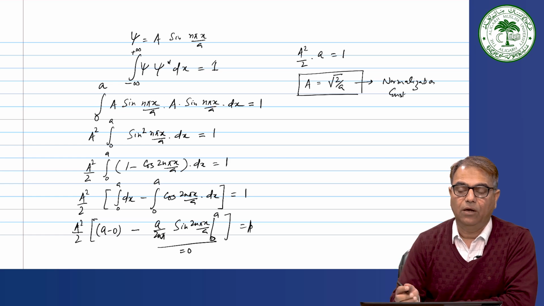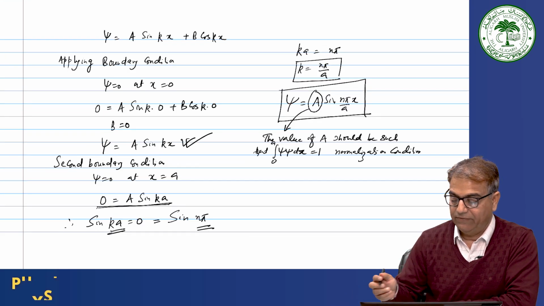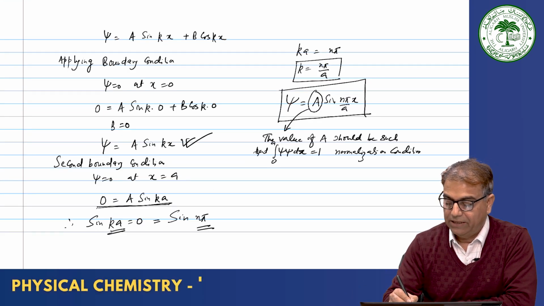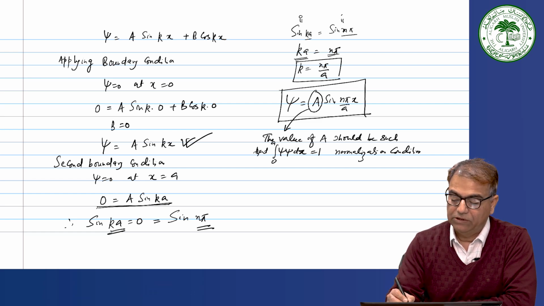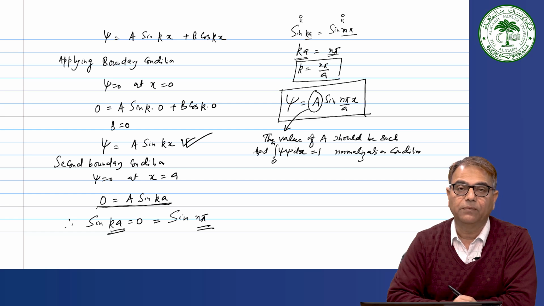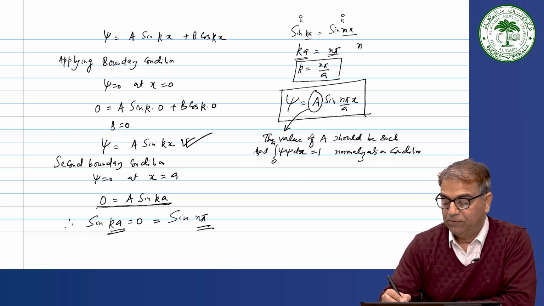On the previous step, one thing I wanted to tell you is that here you have Ka equal to n pi, so that sin Ka becomes equal to sin n pi, and both give you 0 value. Only then can you do it. And for that, what should be the n value?